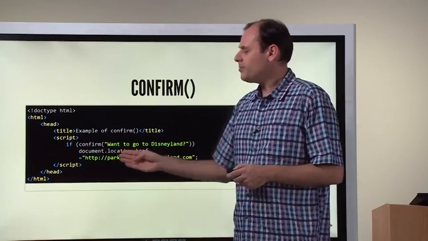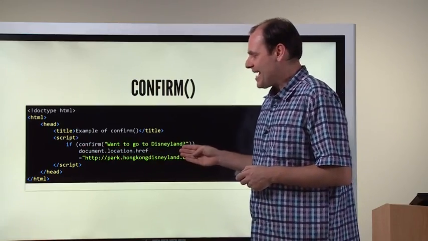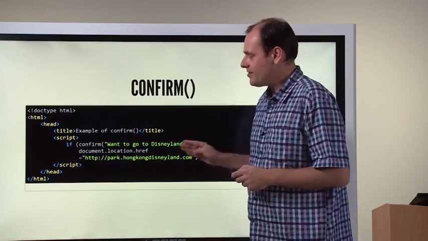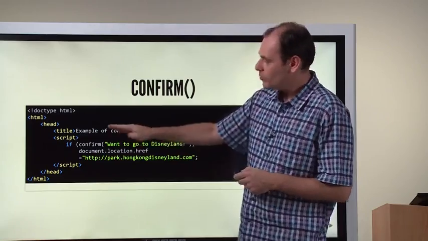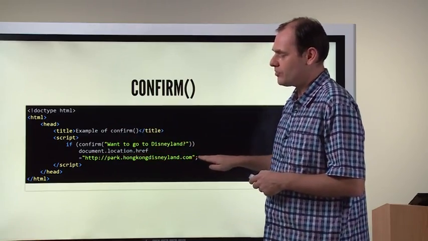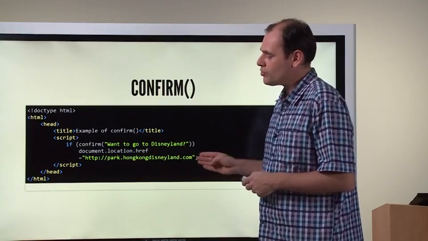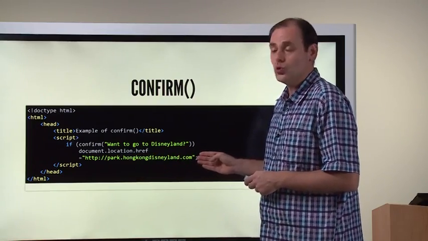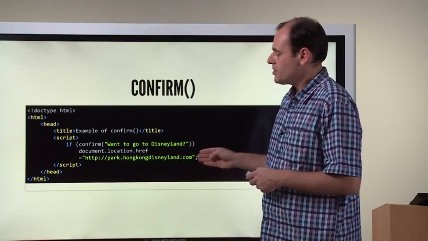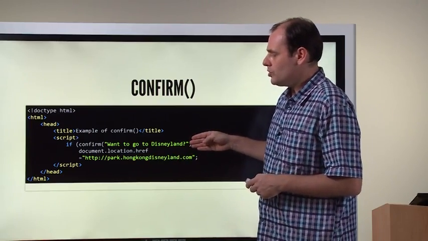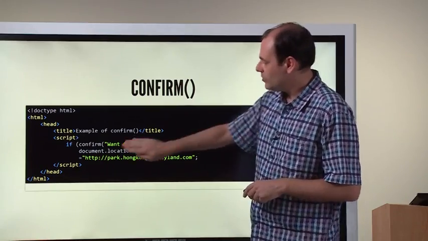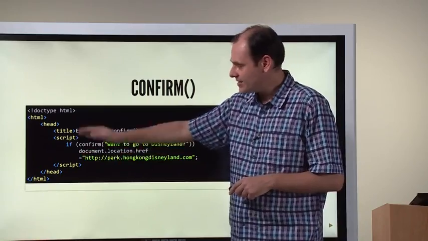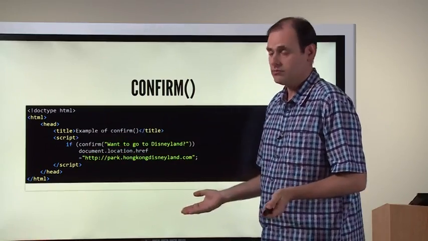We run the confirm, we show the message, and if the user presses OK, then we get a positive result from the confirm, and then we go on to the next piece of JavaScript. That next piece forces the browser to go to a particular website. However, if you press the cancel button, the second button, then it will not go to any of this code. And in this example, it will do nothing.